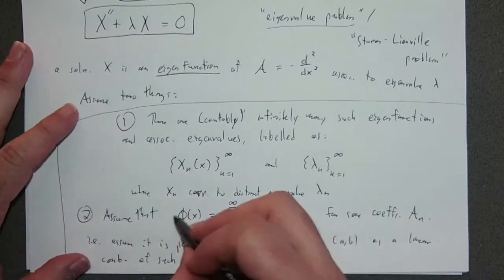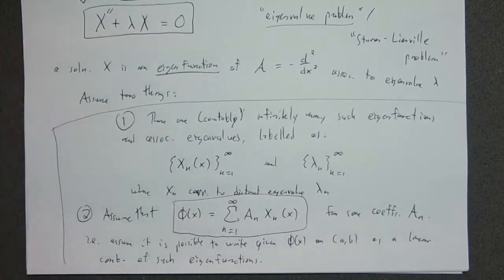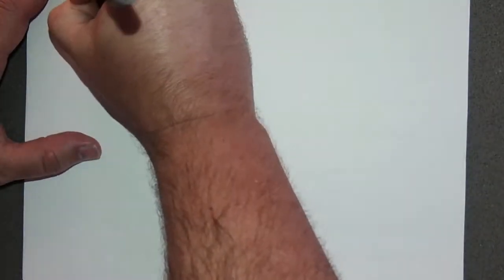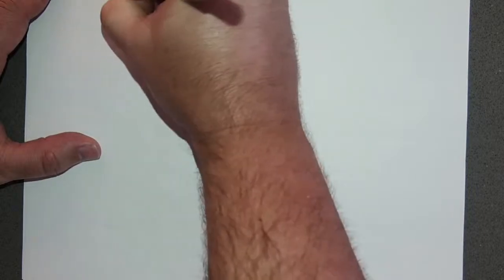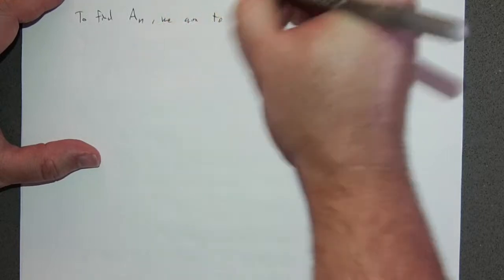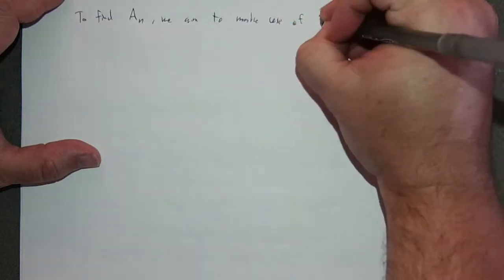And of course, that's absolutely right, but let's see exactly how they pop up. So how do I notice this? Well, let's first note that to find a sub n, we aim to make use of orthogonality.